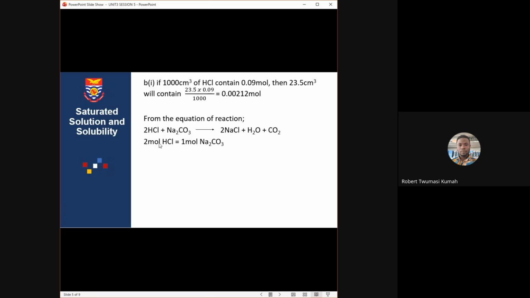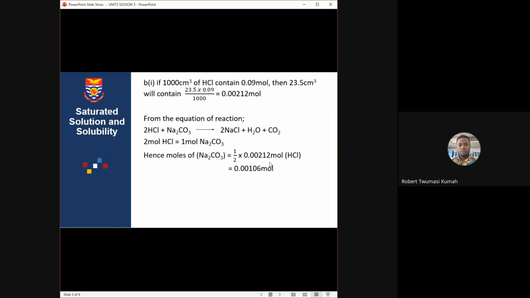Agreement 2:1. HCl gives 2, sodium carbonate gives half of the 2, which is 1. So the number of moles of the sodium carbonate that was pipetted is half of this, and half of it is 0.00106 mole.